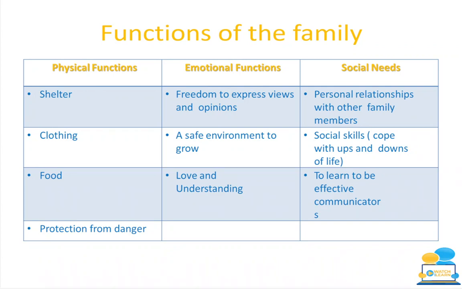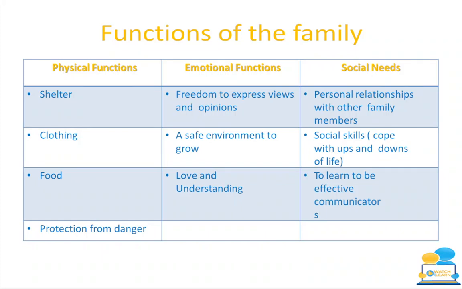Social needs is your third function. It provides personal relationships with other family members. You see how your parents interact, and therefore that will influence how you interact with other male and female members in society. Social skills, you will learn about what is socially acceptable.